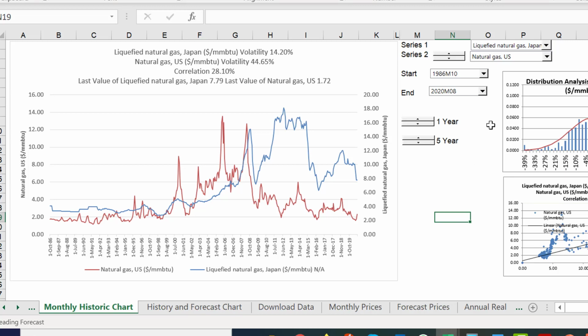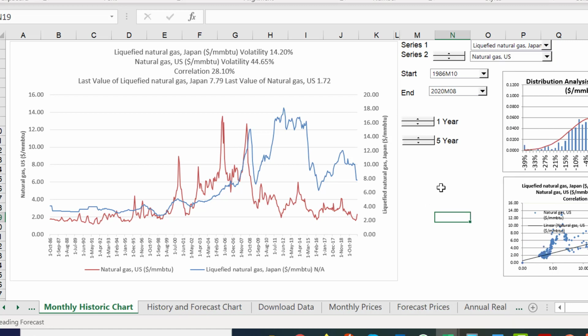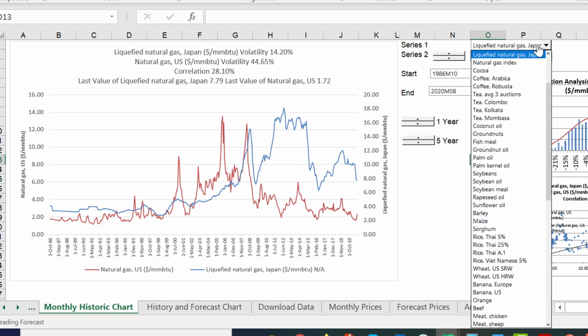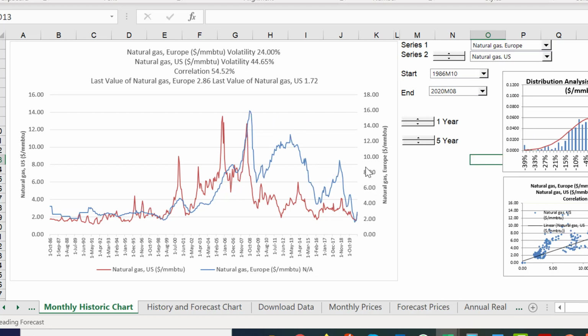Okay. And if we now do the really interesting one, which is not Japan or the US, I'm going to leave the US here, but I'm going to skip to Europe. And then you kind of have to make sure that these scales are the same. Is it exactly the same?